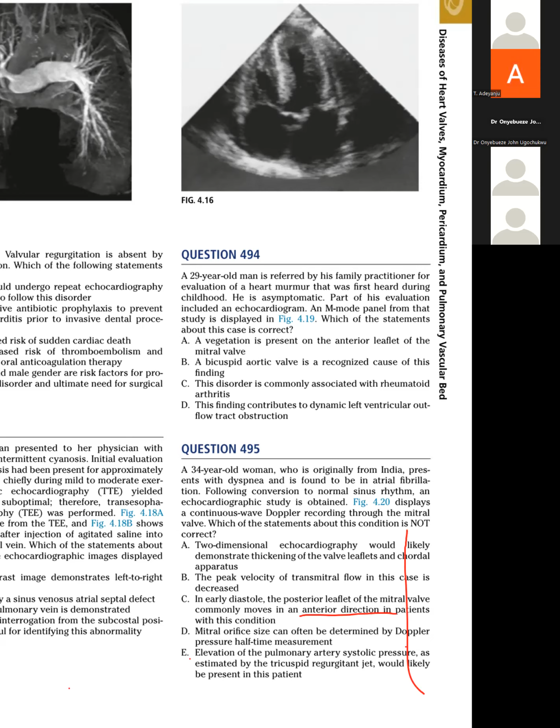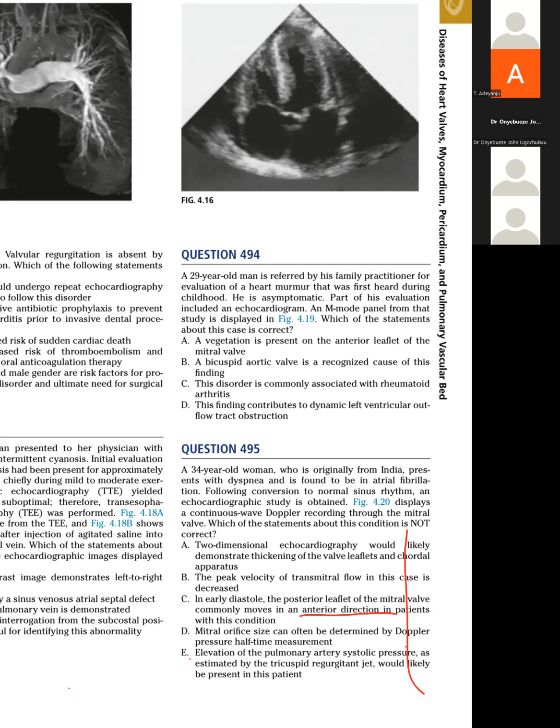The tips are very restricted, so during diastolic filling of the ventricle, when the restricted tips fail to move, the whole valvular apparatus tends to move anteriorly.